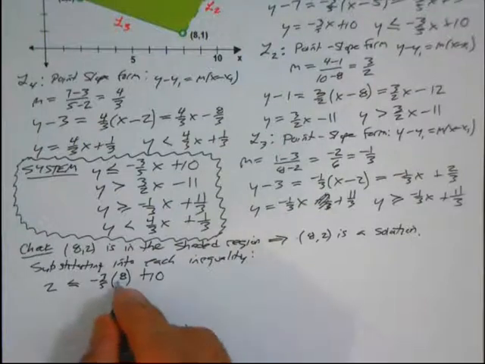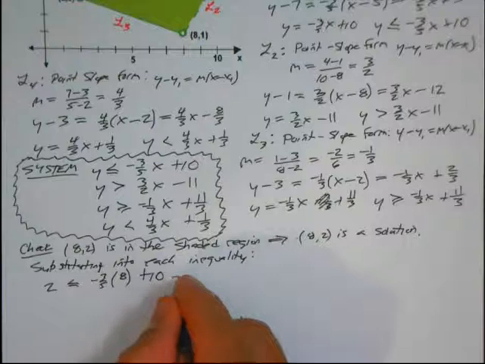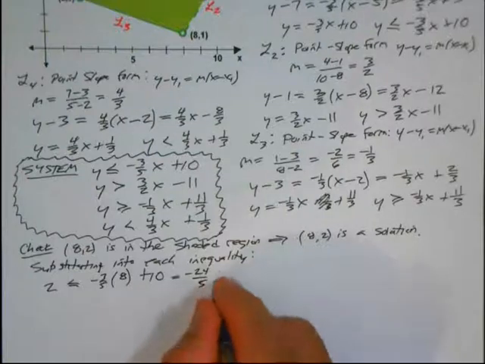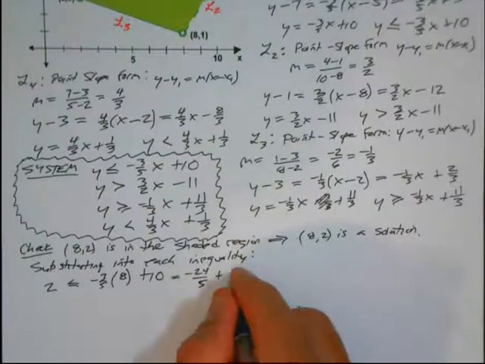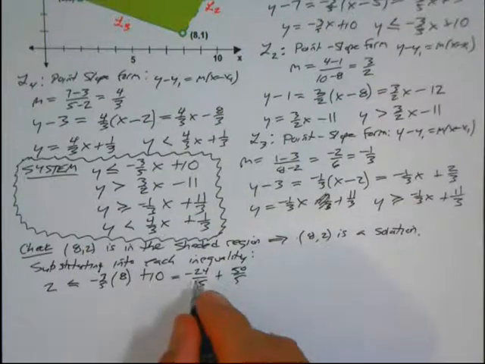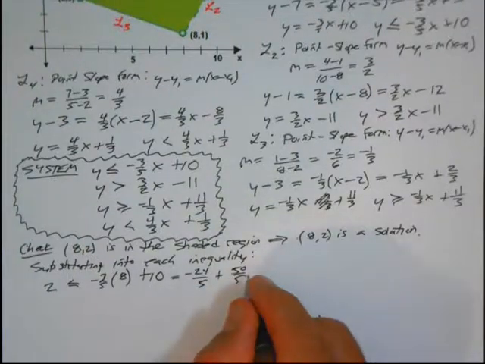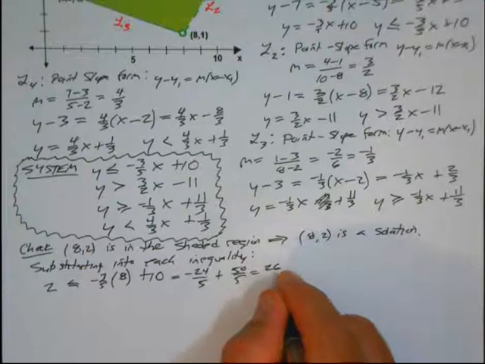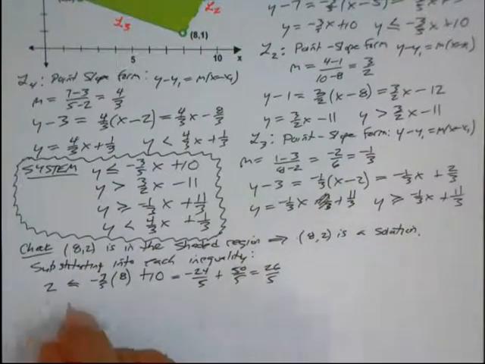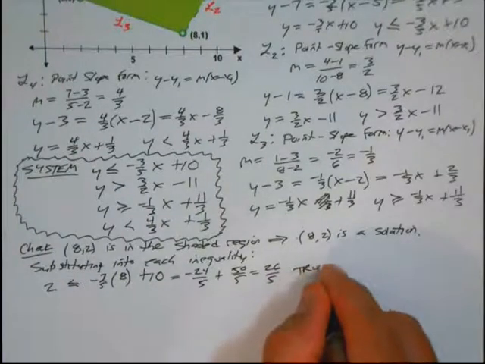Let's just work out this side here. This is negative 24 over 5, plus 50 over 5. This adds up to 26 fifths, 5 and a fifth. As far as being greater than or equal to 2 goes, we're looking at true.